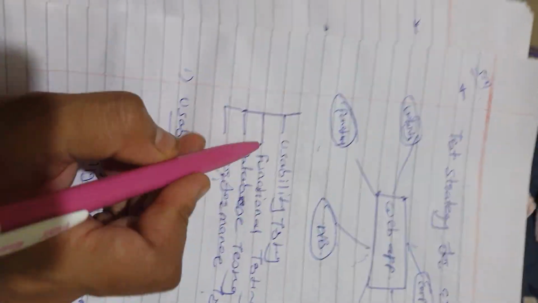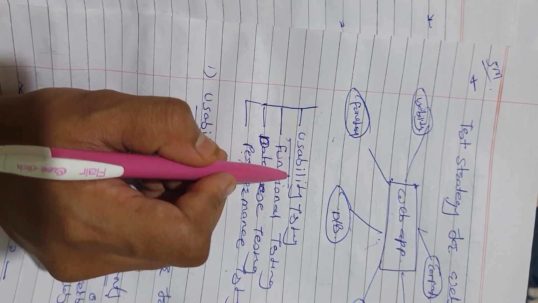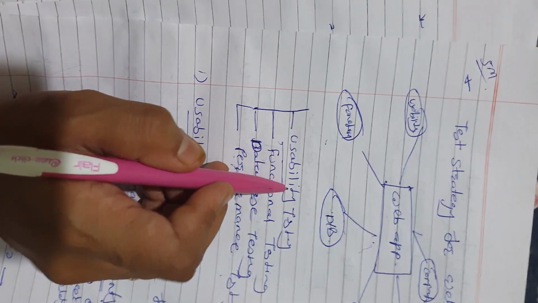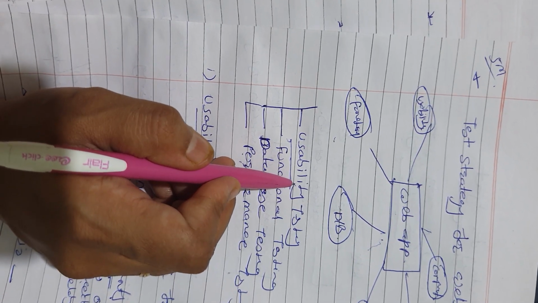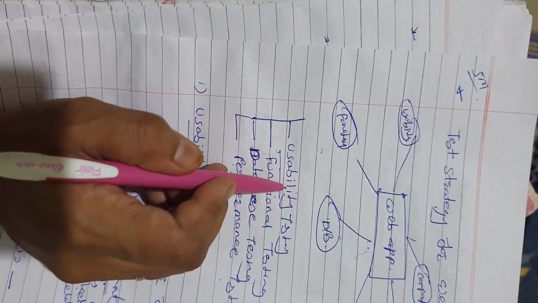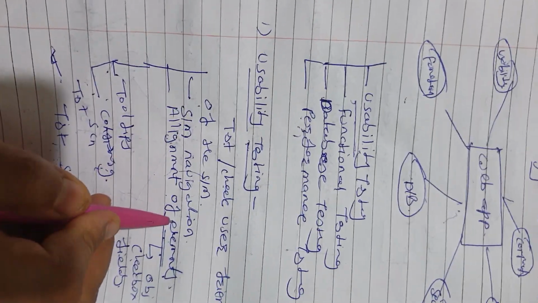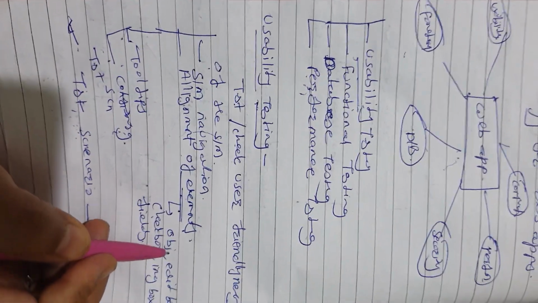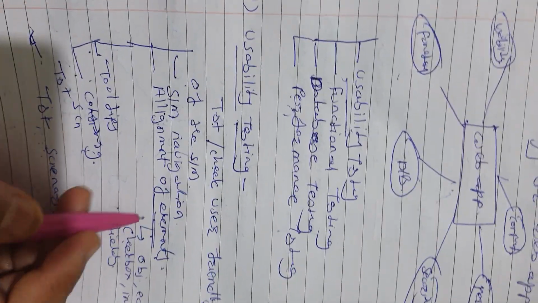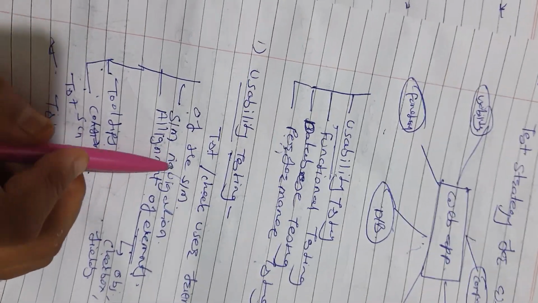So usability testing means you have to check the user friendliness of that system. In usability testing, there are two criteria: general criteria and test scenario. In general criteria, you have to check system navigation, alignment of elements, meaning edit box, checkbox, image box, field, etc., tooltip, and confirmation of messages.